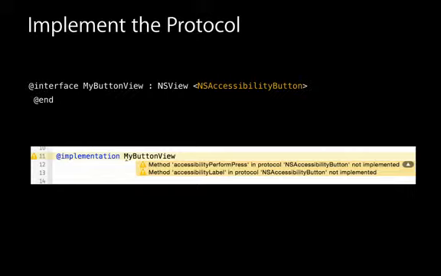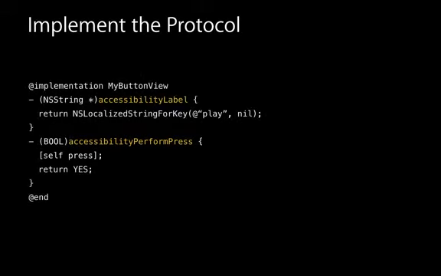So let's go ahead and do that. So in your implementation file, simply for the accessibility label method, just return a localized string of the word play. For the accessibility perform press, you simply need to perform the action of pressing that button.